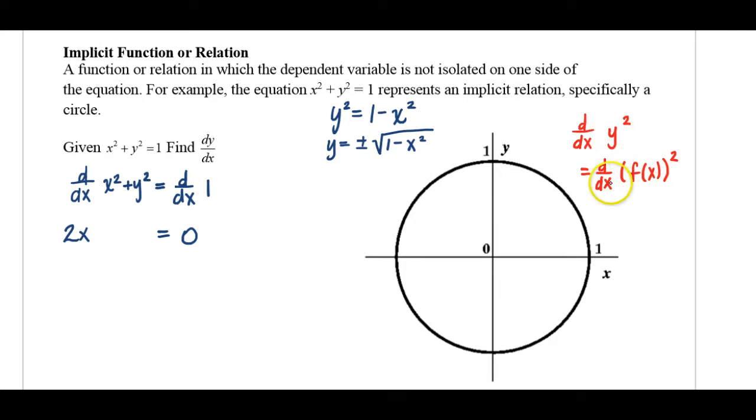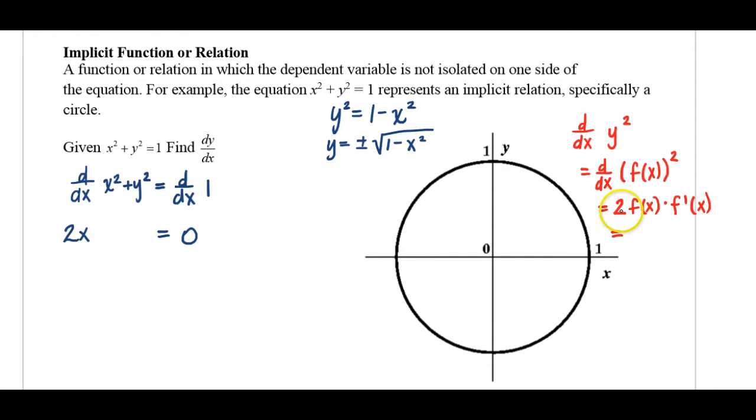So now the derivative with respect to x of f of x squared, I can solve this using the chain rule. I have generic f of x inside the function x squared. So the derivative of f of x as a quantity squared, well, I bring the power to the front, and then I leave the inside function the same. And then I have to multiply by the derivative of the inside. So the derivative of f of x, all I can really do is write it as f prime of x.